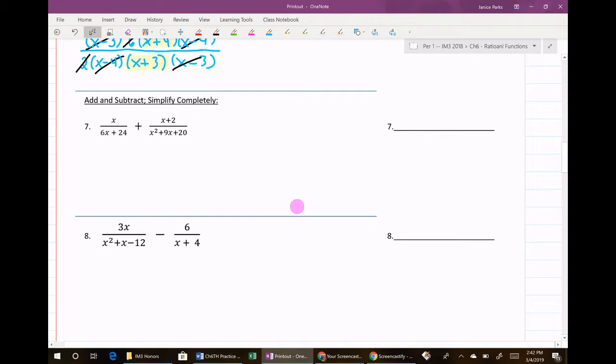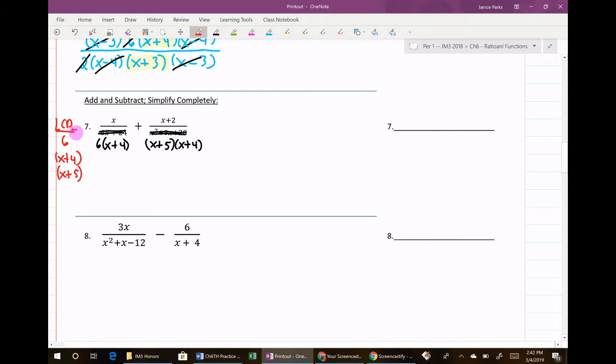To add and subtract, you need to find the least common denominator and then make all your denominators the same. So first thing you want to do is factor the denominators. The factoring part should be easy at this point for these kind. So my LCD is 6 times x plus 4 times x plus 5.